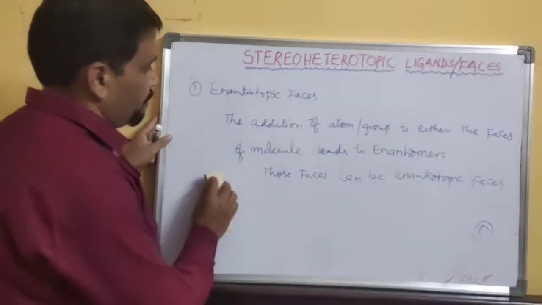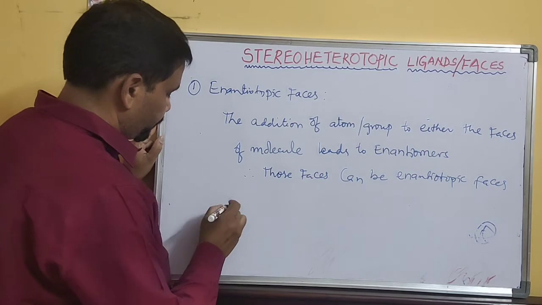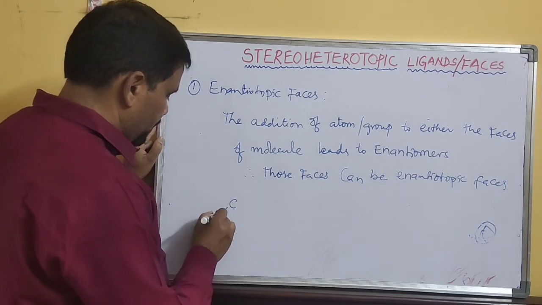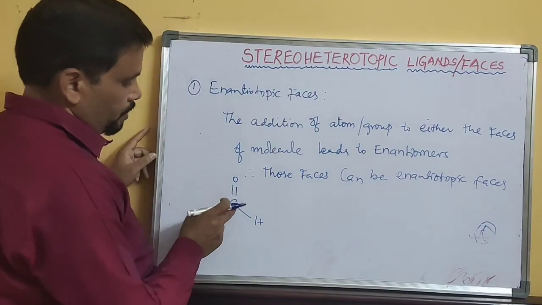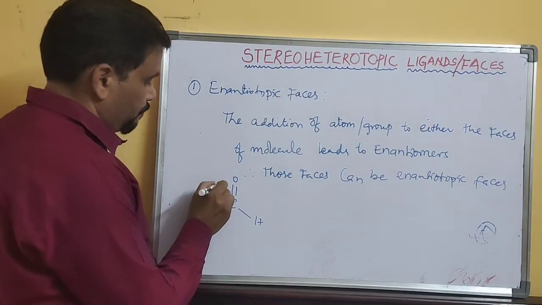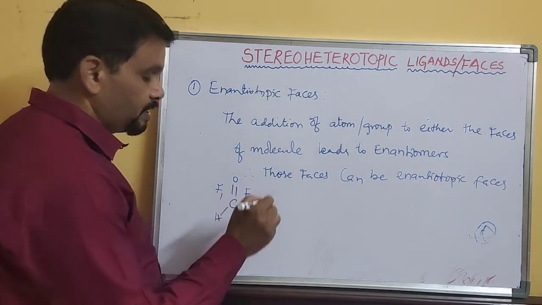I'll give examples so that you can understand. Suppose formaldehyde. It has two faces. From the left is one face, from the right side is the other face.